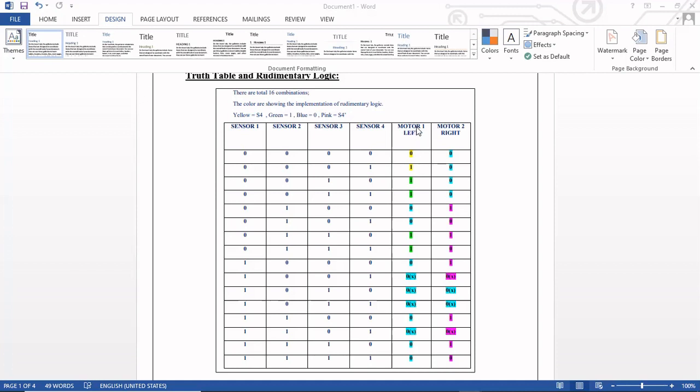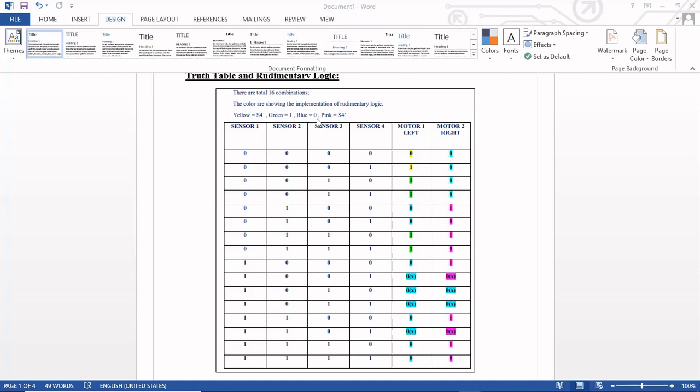For the left motor, by comparison with the sensor port, we come to know that for the first pair 0, 1, it is S4. Yellow color represents S4. For the next pair 0, 1, here it is 1, 1, which is 1. Green color shows 1. For the next pair in sensor 4, we have 0, 1, but here we have 0, 0. So we have 0 at the output, and blue color represents 0.